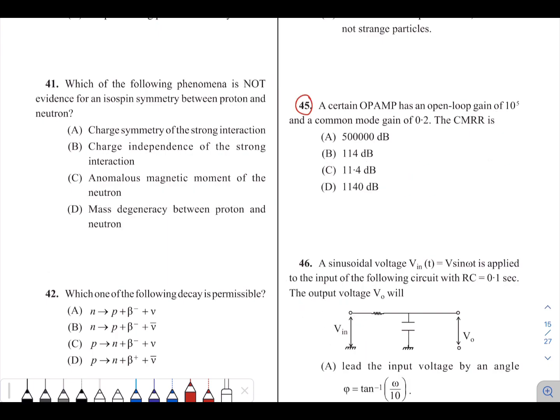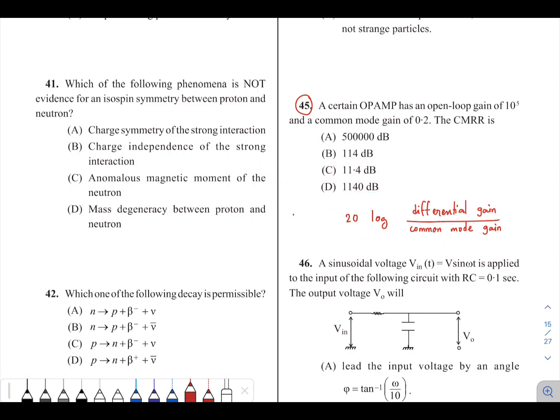Problem 45. A certain op-amp has an open loop gain of 10 to the power 5 and a common mode gain of 0.2. The common mode rejection ratio CMRR can be calculated using the following formula.